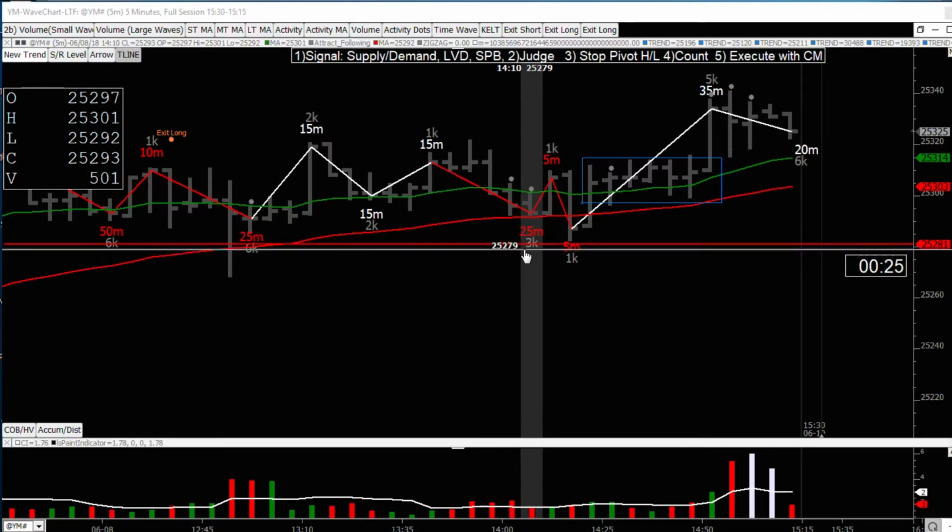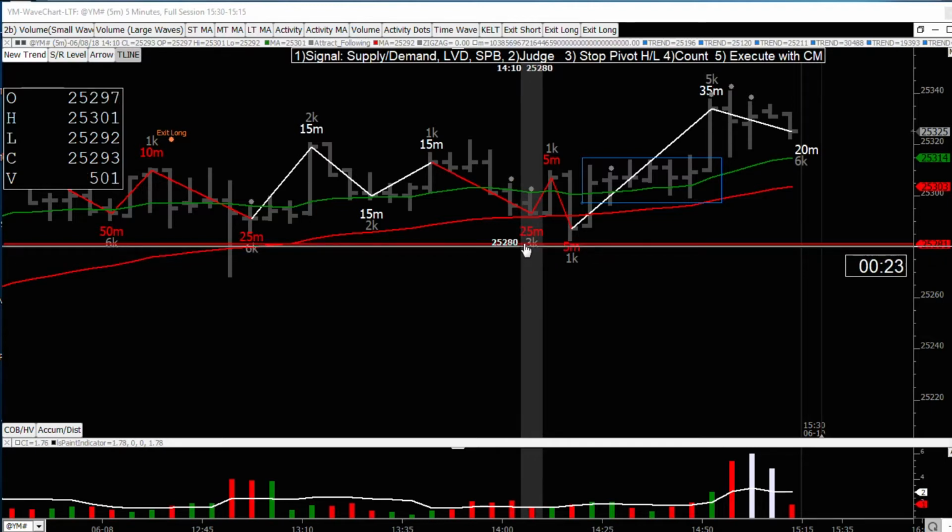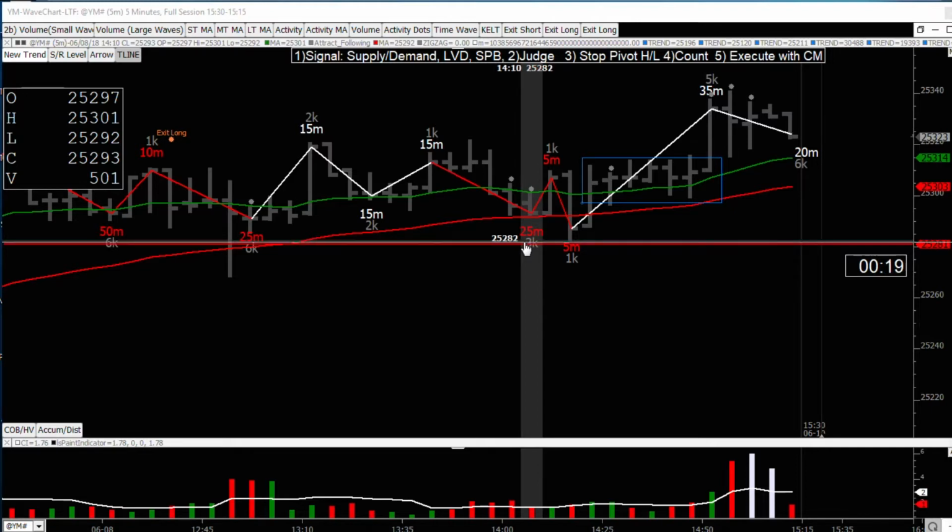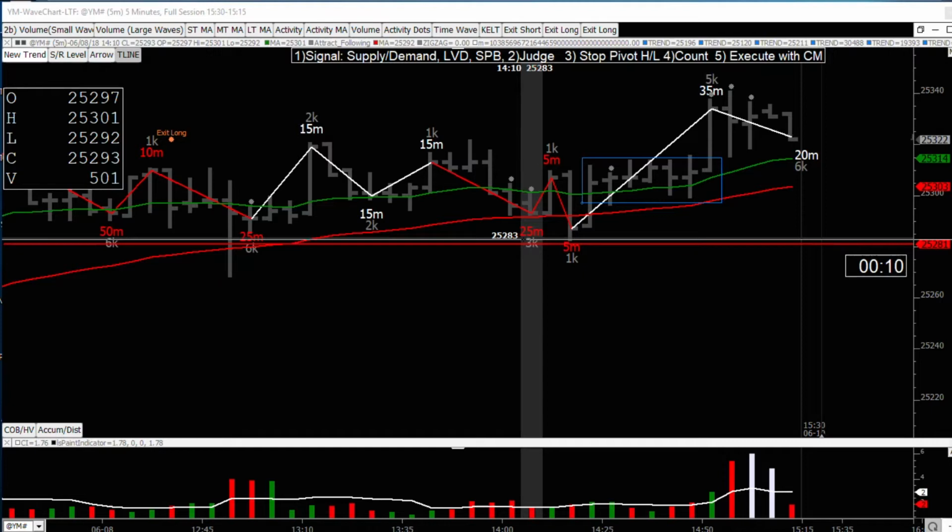And I think Wyckoff wrote about it. I think he called it a hinge, and I remember seeing one interpretation, which was that it could be the end of accumulation or distribution, or reaccumulation or redistribution.